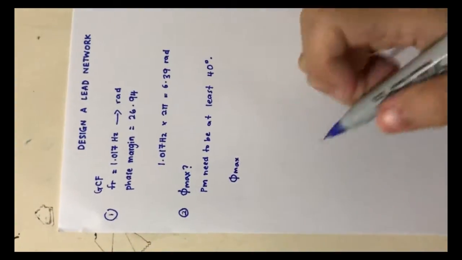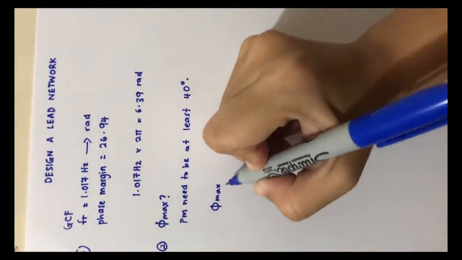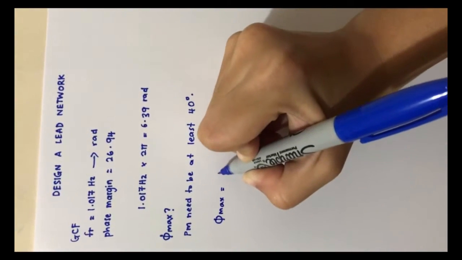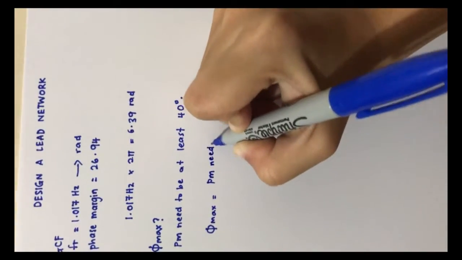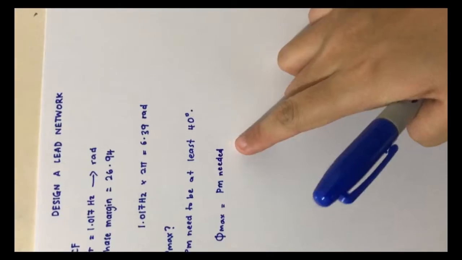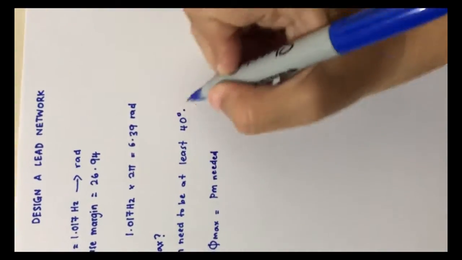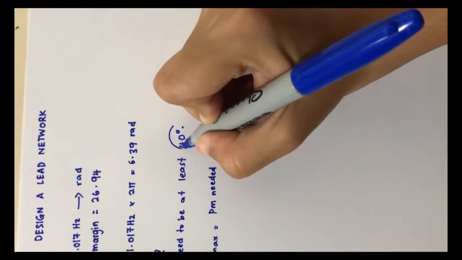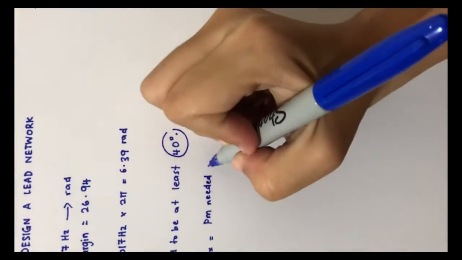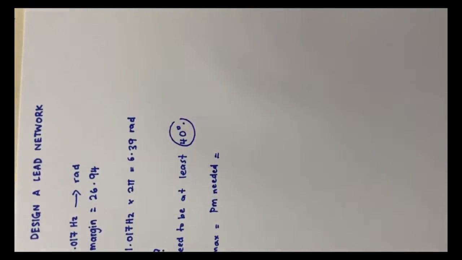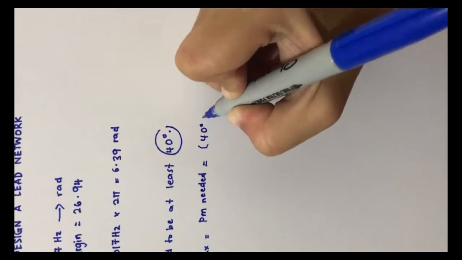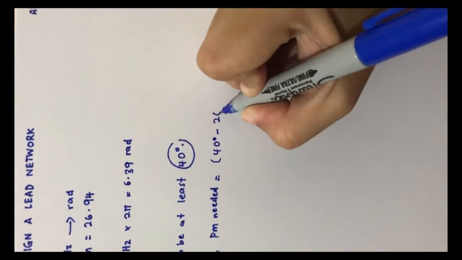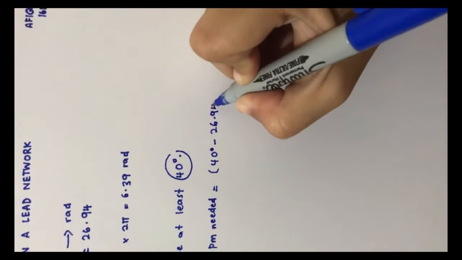In order to find phi max, we will first need to get the PM, which is the phase margin needed. To get the phase margin needed, we take 40 degrees, which is the required phase margin, minus the current phase margin, which is 26.94 degrees.